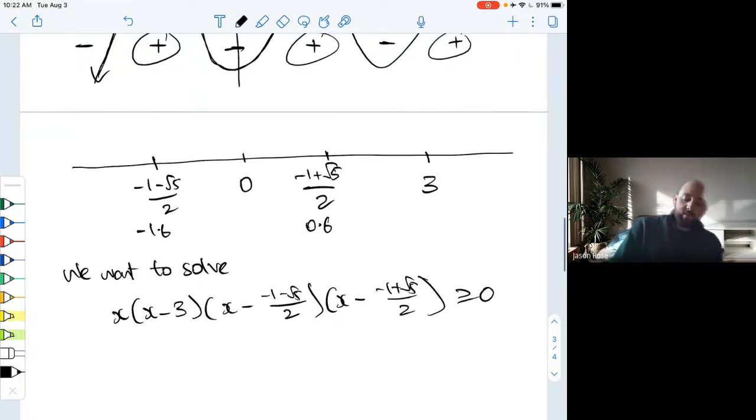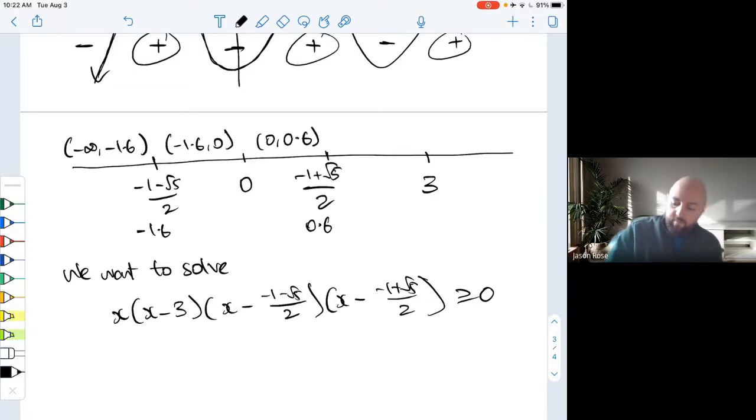And these intervals up here: minus infinity to minus 1.6. I'm going to stop writing the radical form of it because it's a little big to write all the time. So I'm just going to use the decimal form from here on out. Minus 1.6 to 0, 0 to 0.6, 0.6 to 3, and 3 to infinity.